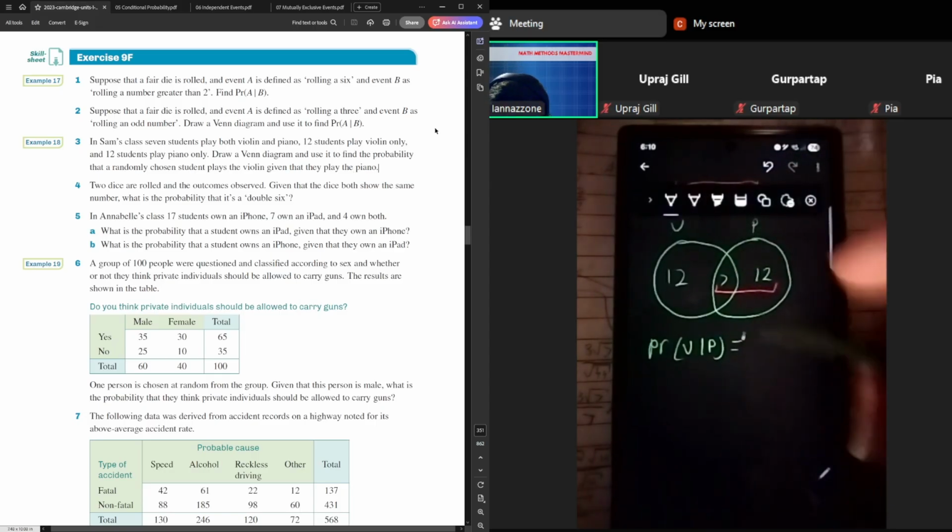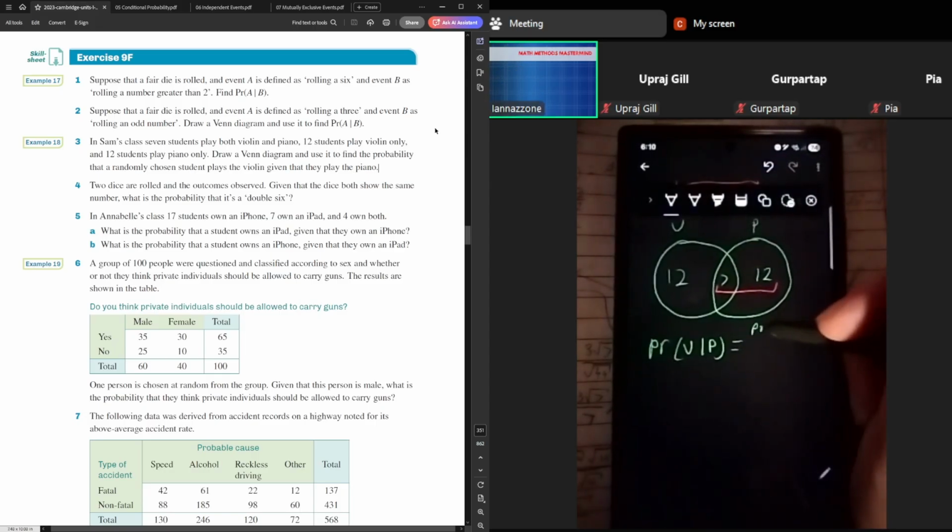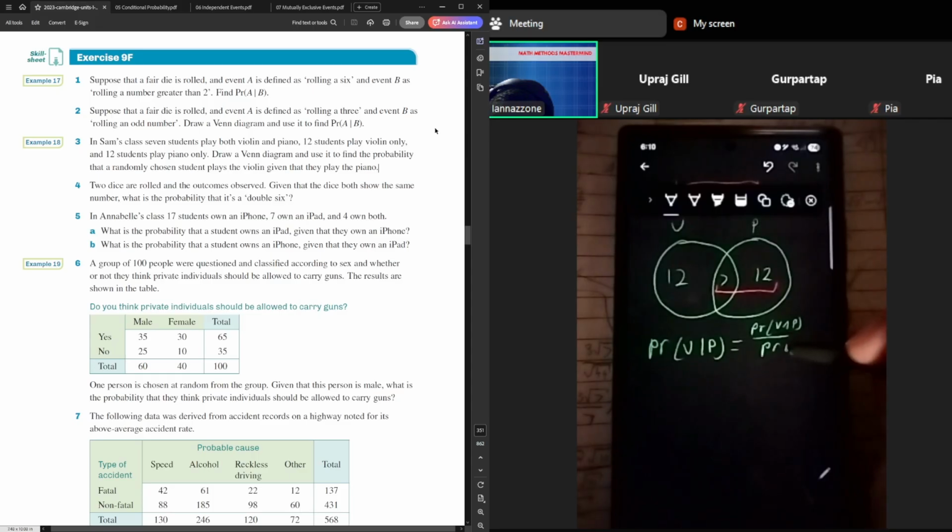Otherwise, you could do the conditional probability formula, which is the intersection of V and P divided by the probability of P. For the intersection, you've got 7 out of a total of, how many people is this total then? 24, 31? 24, no, that doesn't make sense.